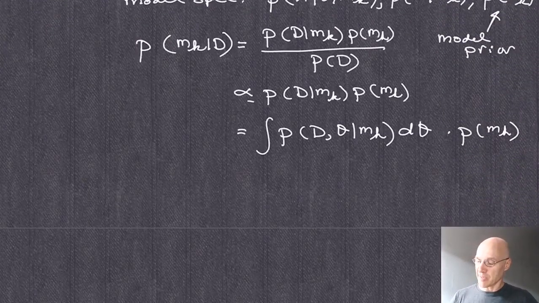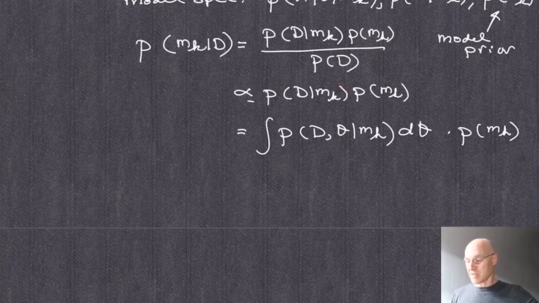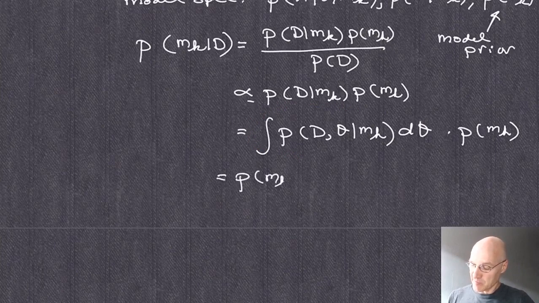Here we do the same thing. I have P of D given mk, but I want to include my parameters. I extend the conversation, and now this is exactly the same, but now I have the parameters in there. I'm going to pull this P of mk to the front, equals P of mk times this integral.